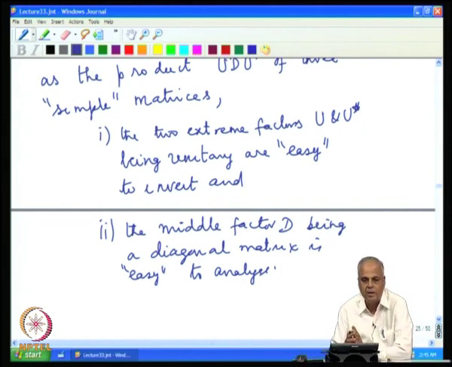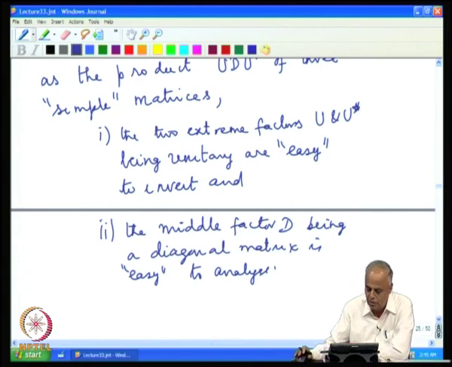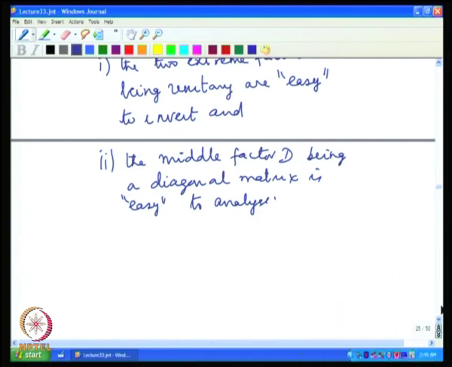Okay, this is a factorization theorem or a product decomposition of a Hermitian matrix into simple matrices. A is equal to U D U star, U is unitary, D is diagonal, and U star is again unitary. So, this is a very simple decomposition of a Hermitian matrix.